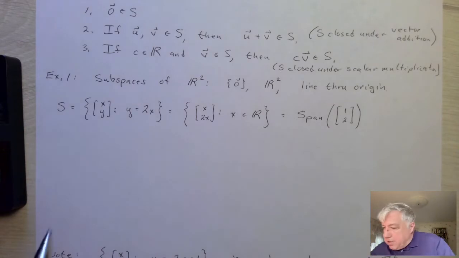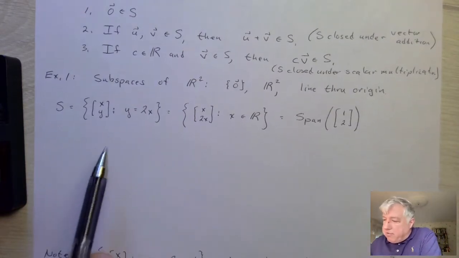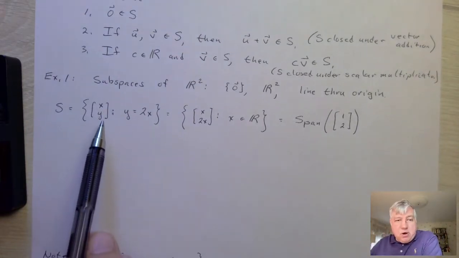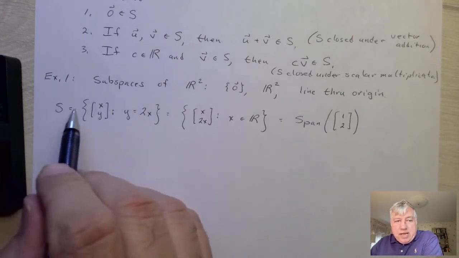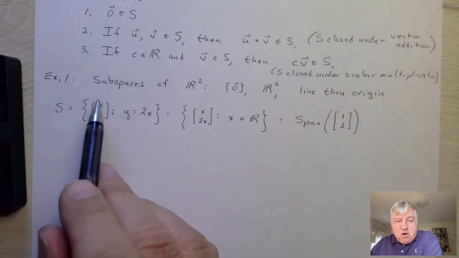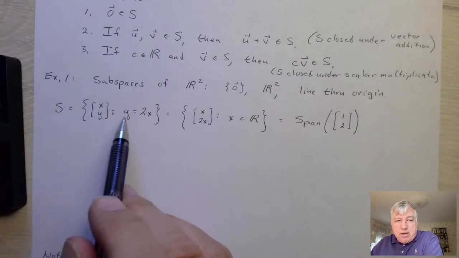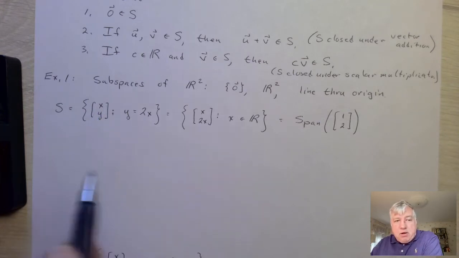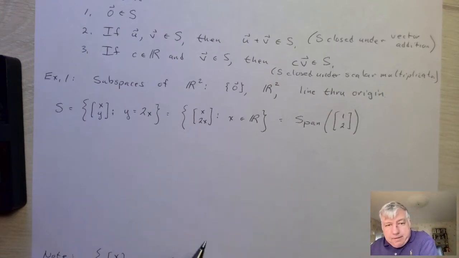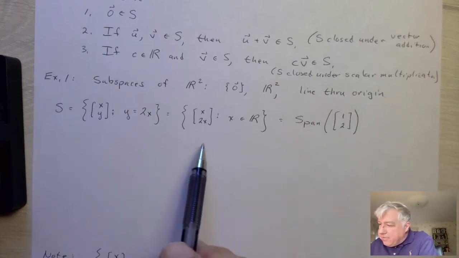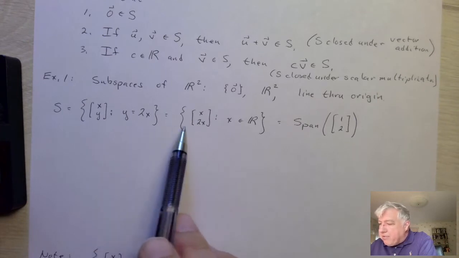To give you an example here, if we take the column vector (x, y) where y is equal to 2x, so basically S consists of all the ordered pairs (x, y) that lie on the line y equals 2x. We can rewrite this a different way.